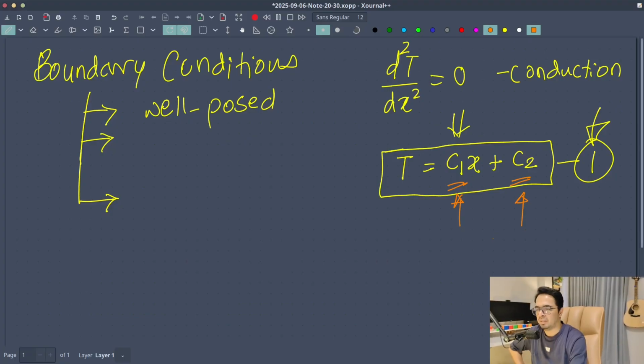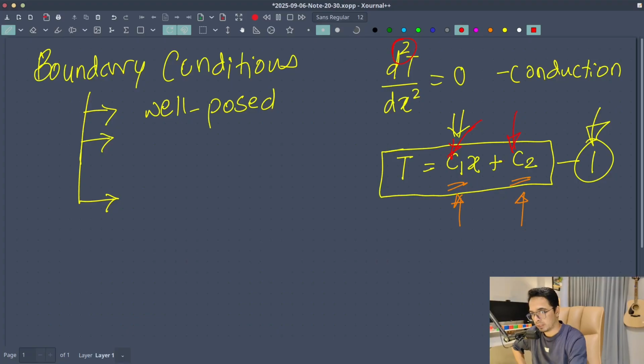And why did we get two constants in the first place? Because it was a second order equation. Simple. So for this to be a well posed problem, something which can be solved, where we can get a solution, whether unique or not, doesn't matter, but we should get some solution, we need the values of these two constants, c1 and c2.